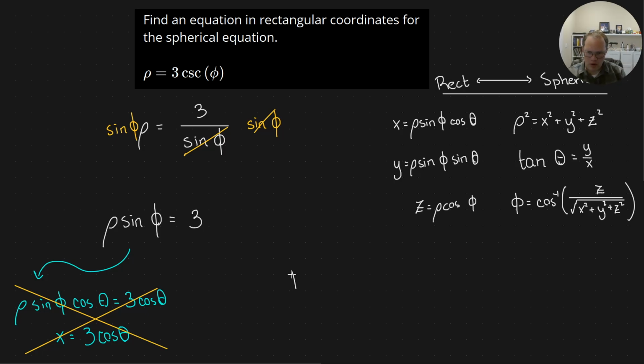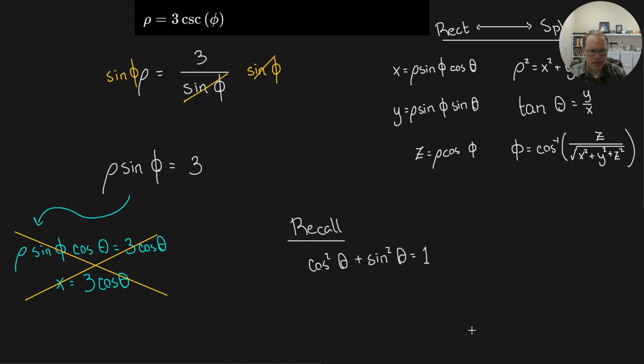Recall that cosine squared theta plus sine squared theta equals 1. One of the most important trigonometric identities. What does that mean in this case? If I take x squared plus y squared, and I'm squaring them so that I can get cosine squared and sine squared, I'd get this squared plus this squared.